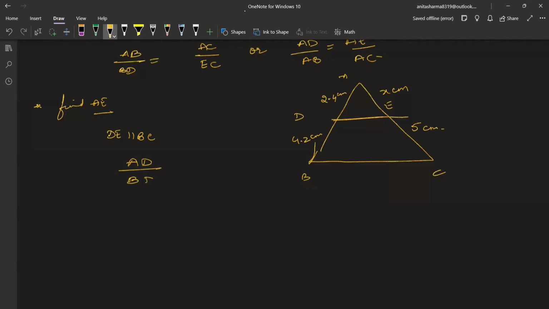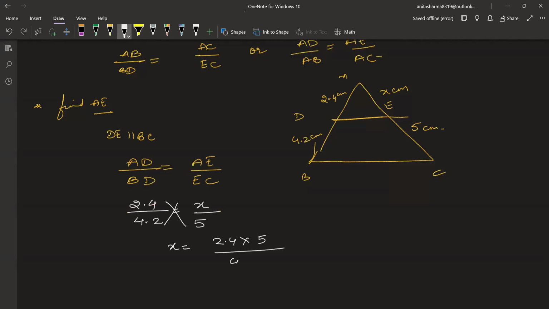So AD upon BD will be equal to AE upon EC, right, beta? So the value of AD is 2.4 and BD is 4.2. AE is X and EC is 5. Now cross multiply. So the value of X will be 2.4 into 5 upon 4.2.